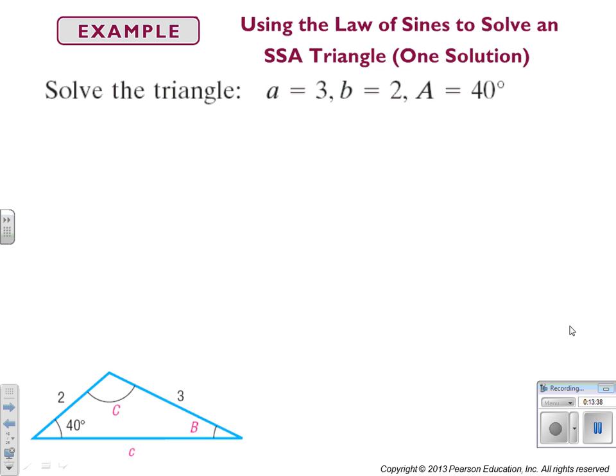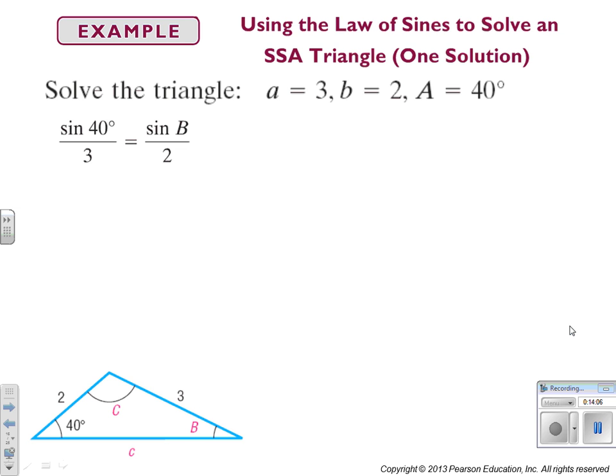All right, so let's solve this triangle. Thankfully, I know that I only have one solution because it says in the instructions. So if a is equal to 3, b is equal to 2, and A is equal to 40 degrees, we go sine of 40 over 3, because we know angle A and side a, is equal to sine of B over 2.